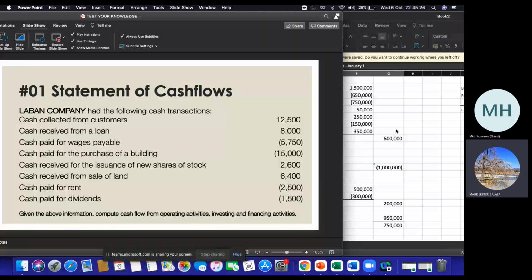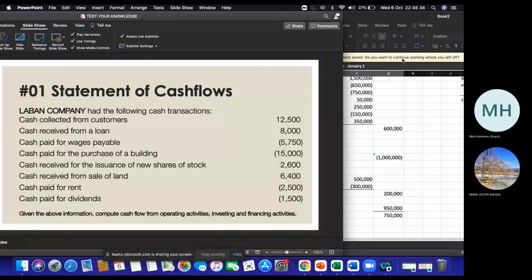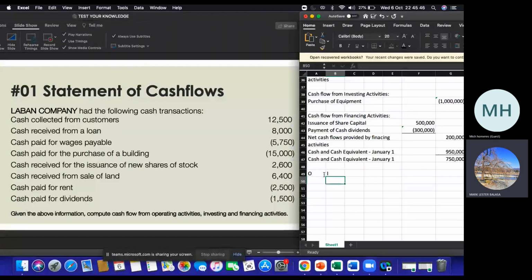So let's compute now. Your cash collected from customers, is that operating, investing, or financing? I'll put operating, investing, financing here. Cash collected from customers is of course an operating activity.